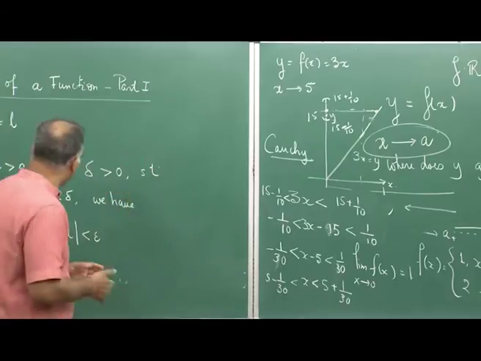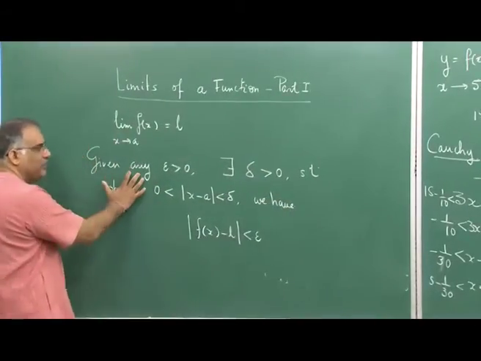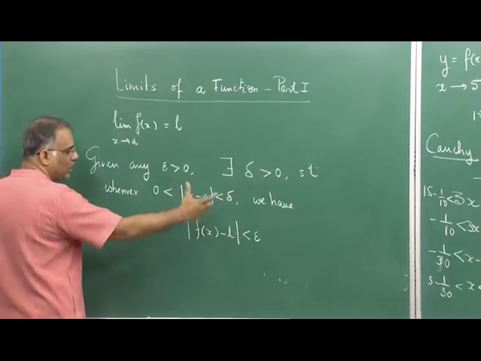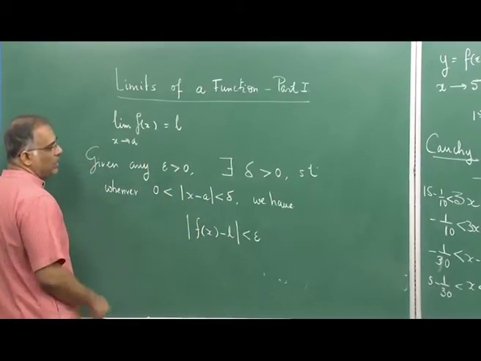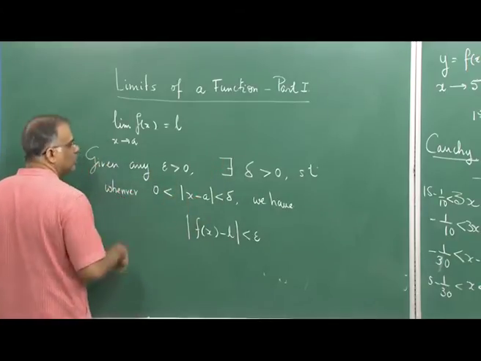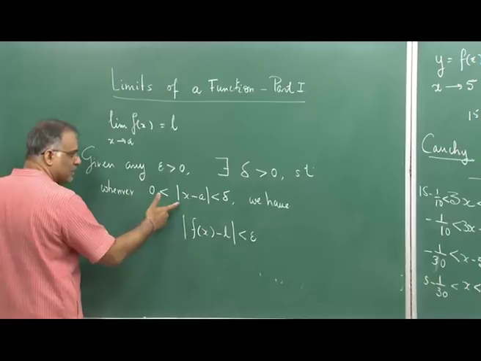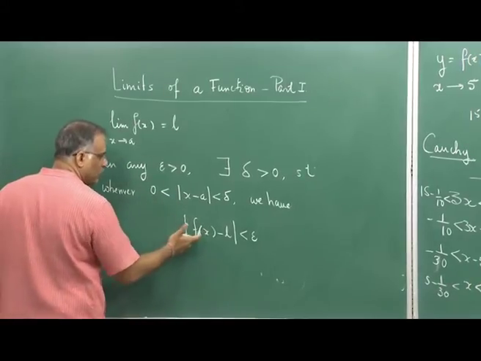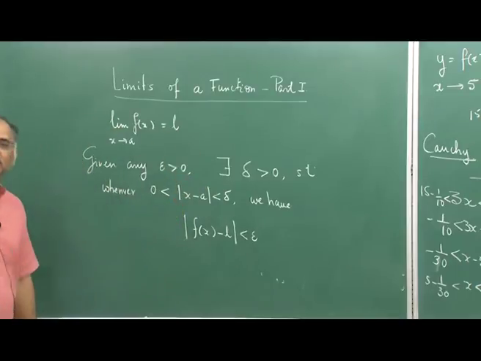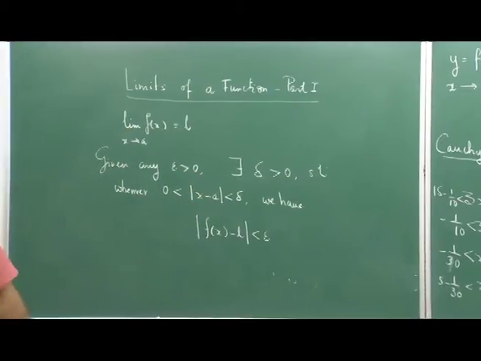That is why we define the limit this way. Whenever you tell me the distance I want f(x) to be from L, corresponding to this epsilon there must be a delta such that every x for which f takes this value must be in the delta neighborhood. That is the simple idea.